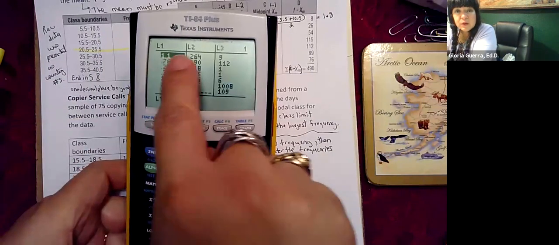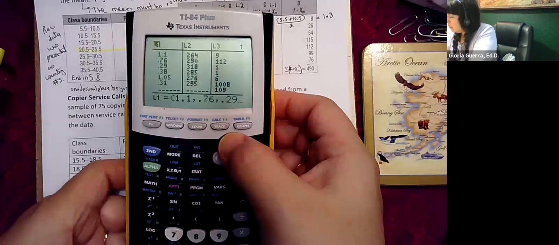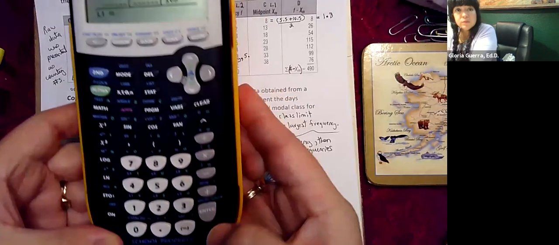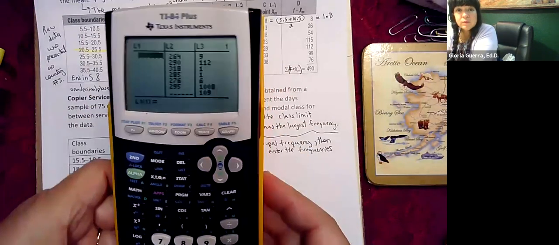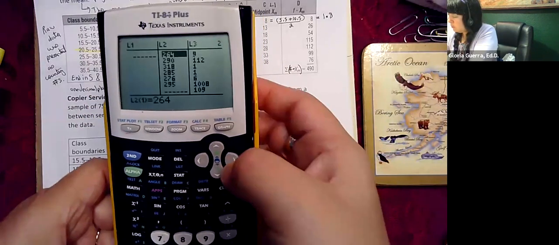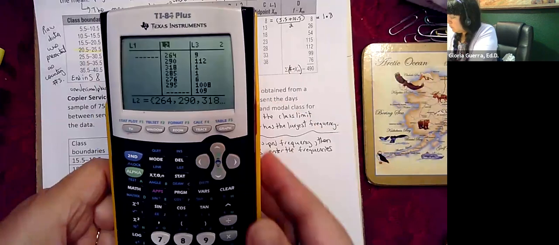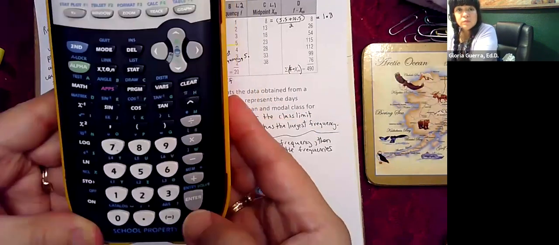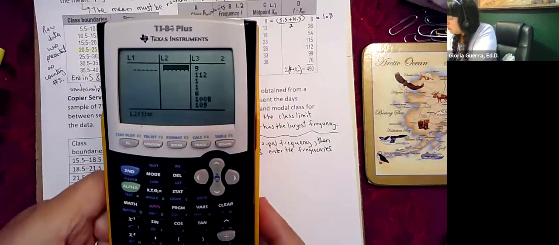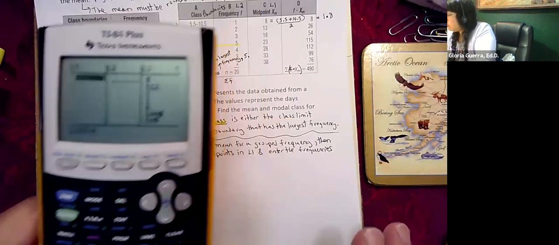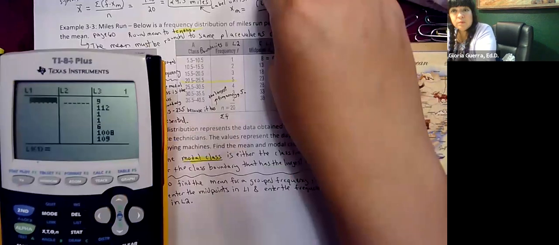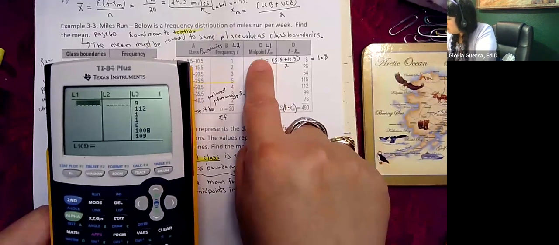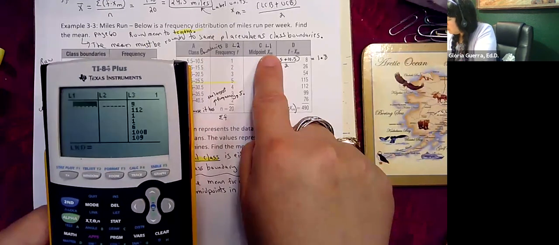So go up to the top and clear, hit Enter, and then scroll over here. Go up to the top of L2, hit clear, enter. Okay, and then remember where these go, you don't want to type them in backwards because then you will get different results. But see, your midpoint is L1, so you want to put that in there.